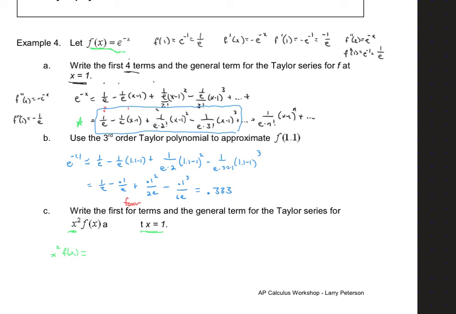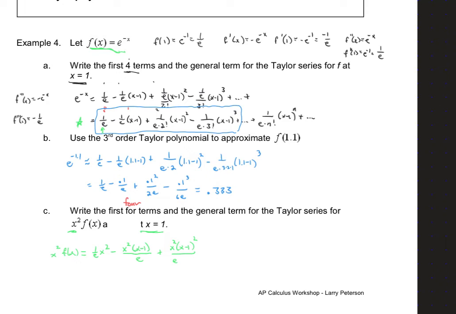So we want 4 terms and the general term. The first term is going to be 1 over e times x squared. See where I'm getting that? And then we're going to get minus x squared times x minus 1 all over e. And then plus x squared times x minus 1 squared all over e times 2 factorial.